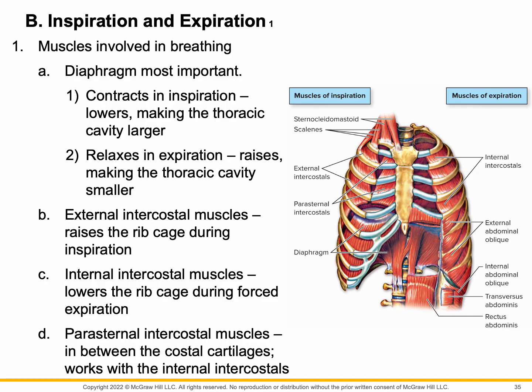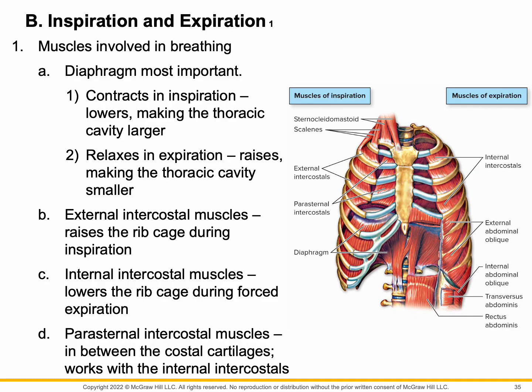The increased volume causes decreased intrapulmonary pressure. The pressure drop creates a gradient causing air to rush into the lungs. This process is active because it requires muscle contraction and energy.